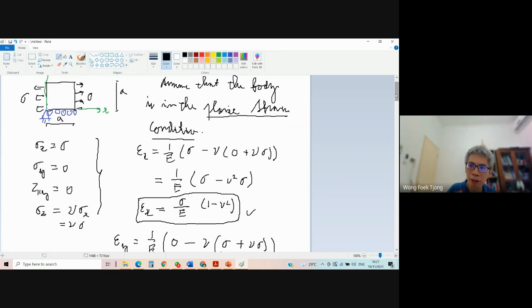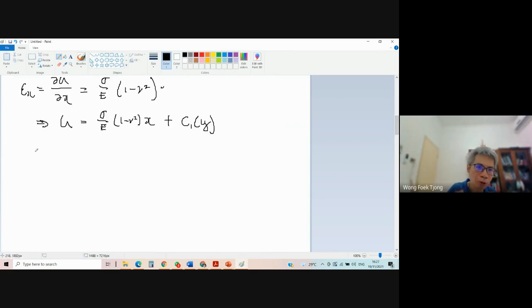From displacement boundary conditions, the displacement at x equals 0, y equals 0 should be 0, right? So if we plug in x, this becomes 0.